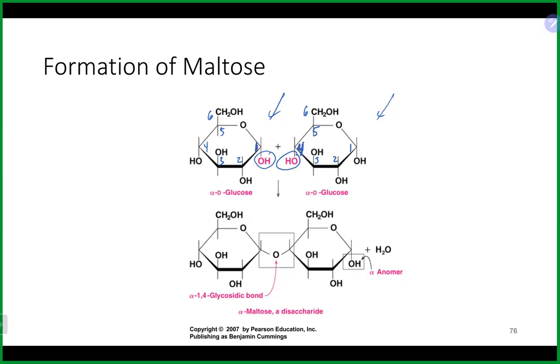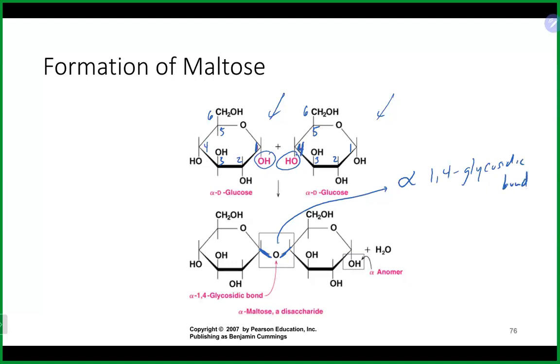And that one oxygen is the linkage point that we are talking about here with our alpha 1,4 glycosidic bond. It is removing the water, and those two glucose molecules are joined by the oxygen. That is our alpha 1,4 glycosidic bond.